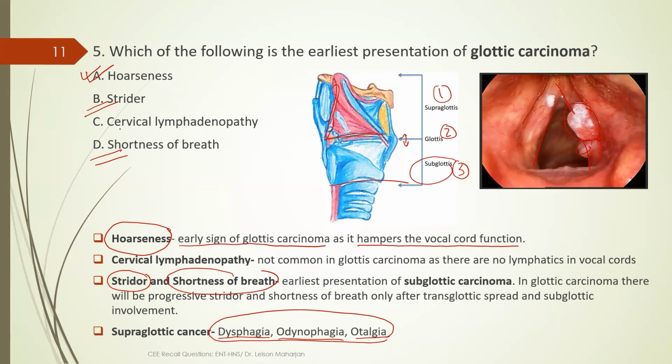And as for cervical lymphadenopathy, as the vocal cord has no lymphatics, usually cervical lymphadenopathy is not the early presentation. However, in the late presentation, when this tumor goes into the supraglottis or the subglottis, it can get into the lymphatics, and cervical lymphadenopathy can be present as a late presentation. So the answer is hoarseness of voice.